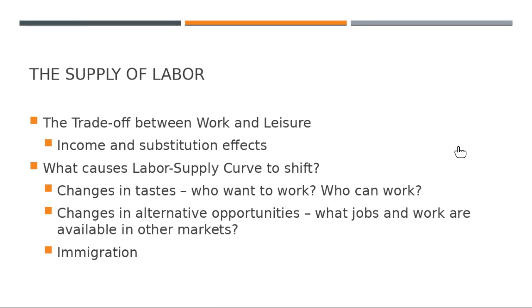So to give you an example, for finance, for academia particularly, for business and business academia, there's always options in the private sector. And so that's an alternative opportunity. And so the supply of business academics is also somewhat informed by the supply of opportunities in the business sector.